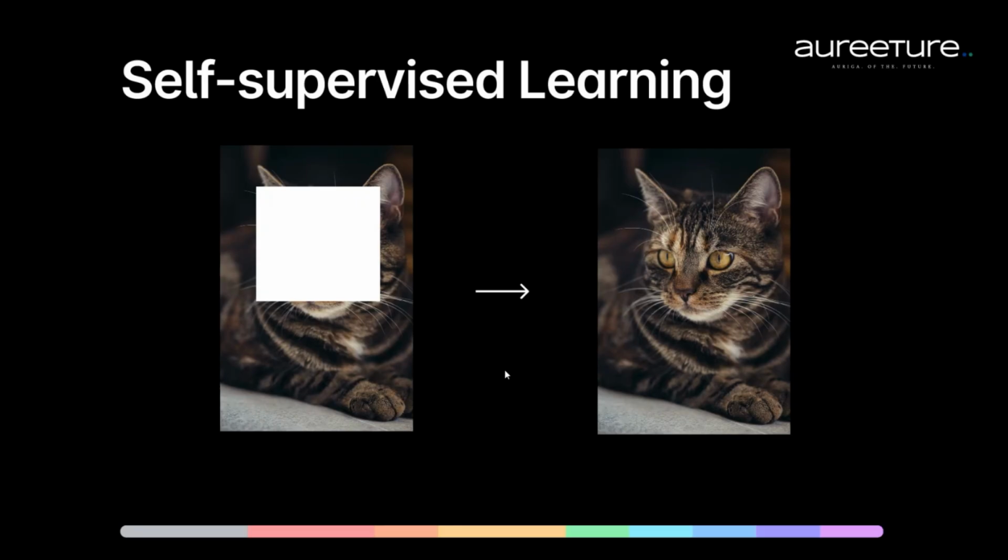In simpler format, I would say that here, as you see, there is a mask and there is a random square in the cat image. As an input to the model, there are missing patches, and we have to generate the missing patches after seeing the output of the particular image.